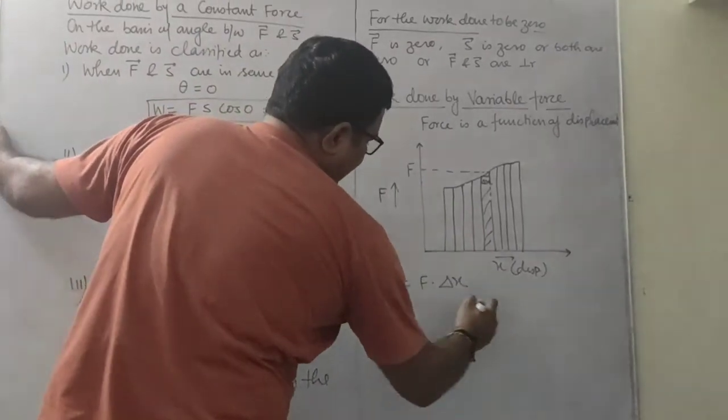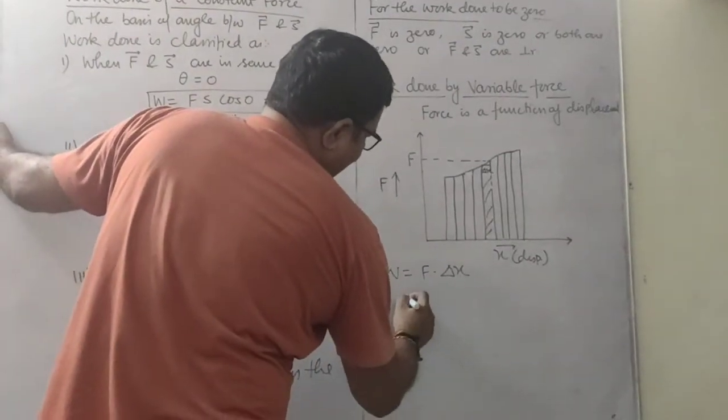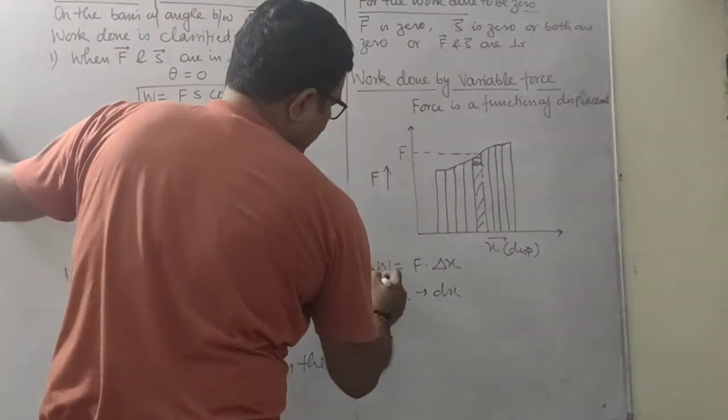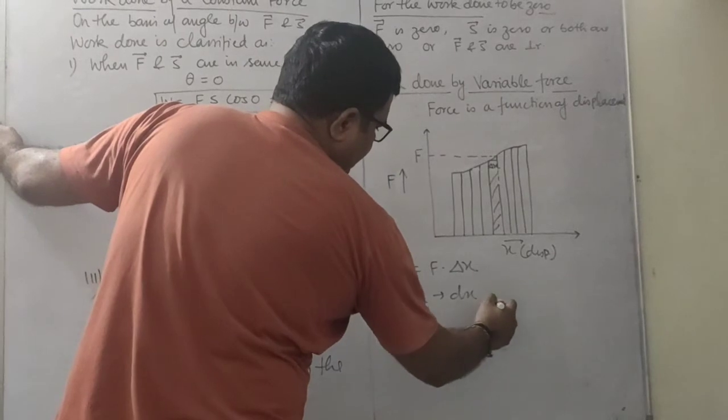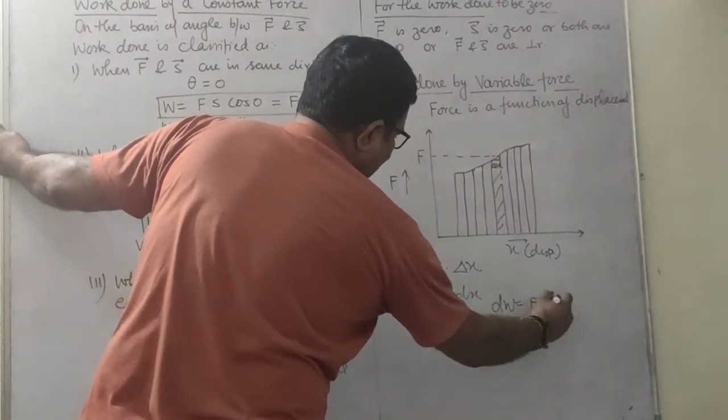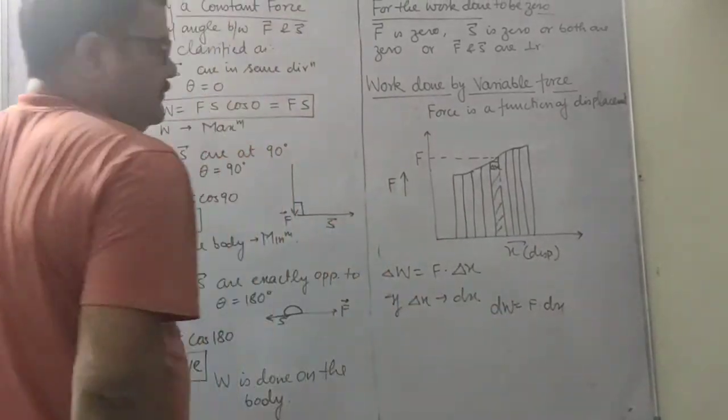Or if delta x tends to dx, then this is delta w, then dw is equal to F into dx for this particular part.